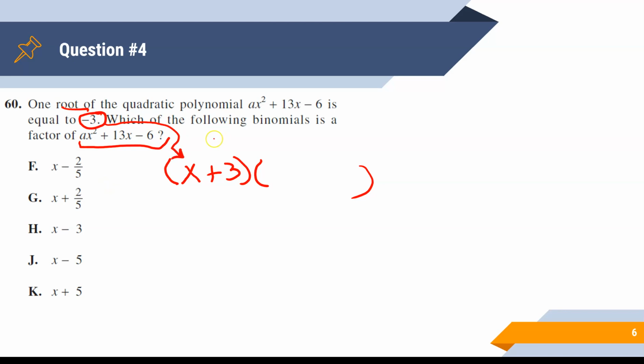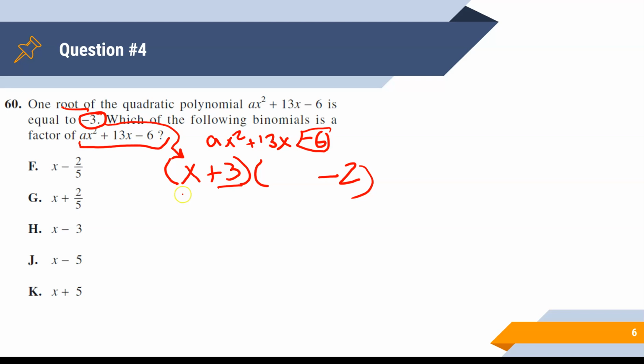Now again, this is ax squared plus 13x minus 6. So we're trying to get this to be a -6 when we multiply. Well, if this is a +3, I think this has to be a -2.